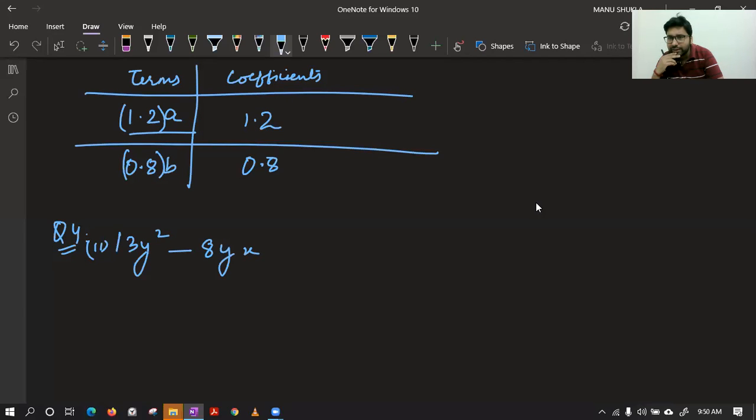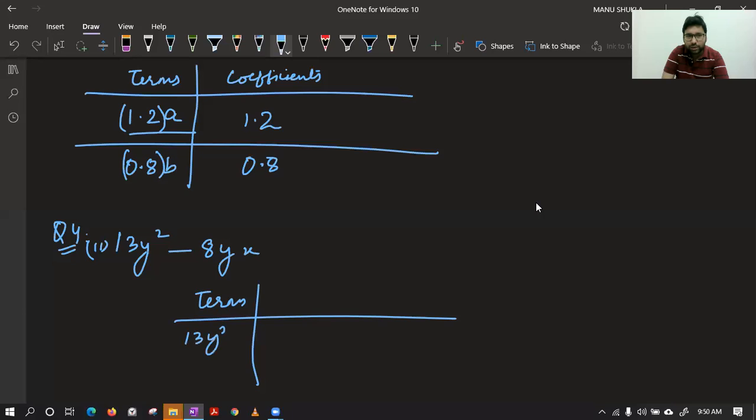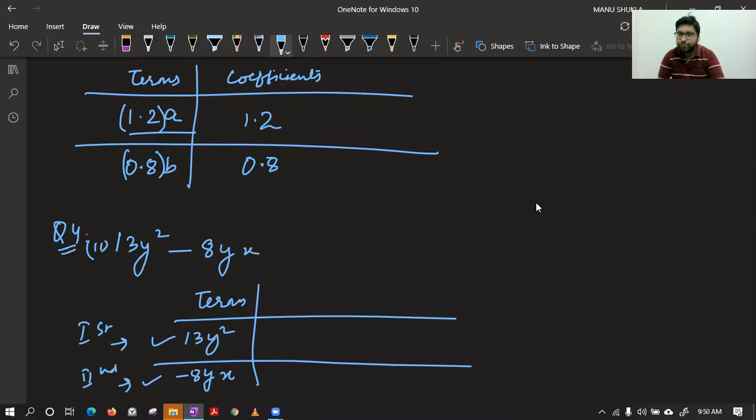First tell me the terms in this question are 13y square and minus 8yx. The question is saying find the term which is having x. Tell me in which term we have the variable x, first term or second term? We have the variable x in the second term.